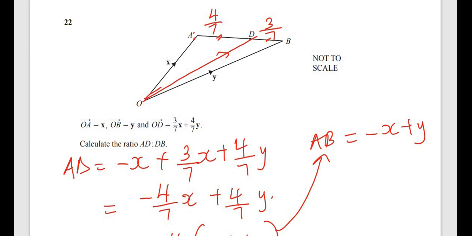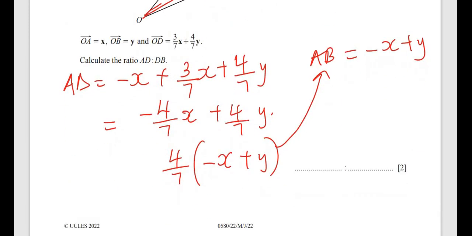So the entire line, that is AB, has 7 units, and AD has 4 of those units, and DB has 3 of those units. So the ratio is 4 to 3.